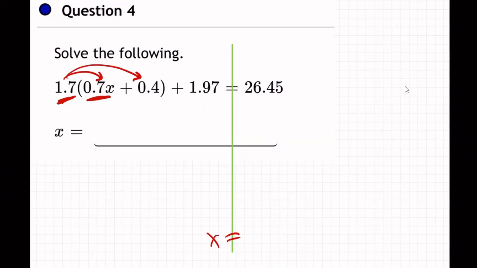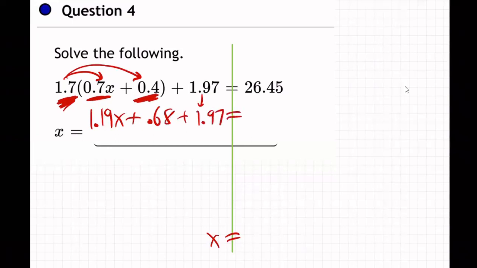I'm getting 1.19x plus, and now 1.7 times 0.4 comes out 0.68, and then just bring down the 1.97, and the other side bring down the 26.45.